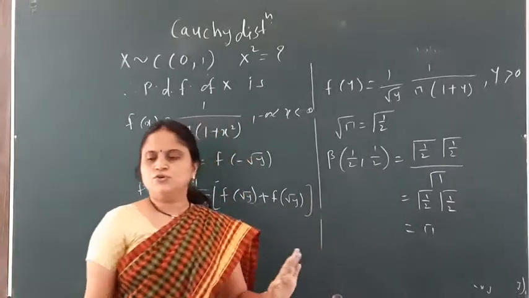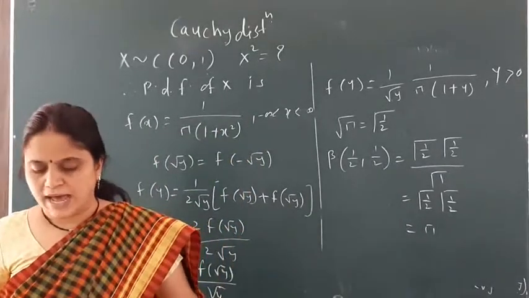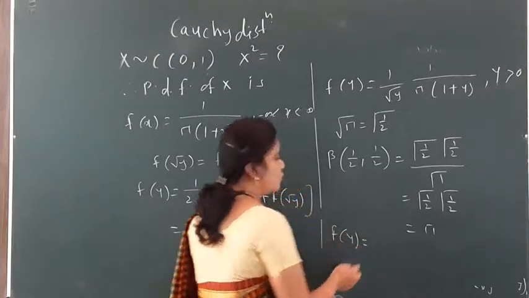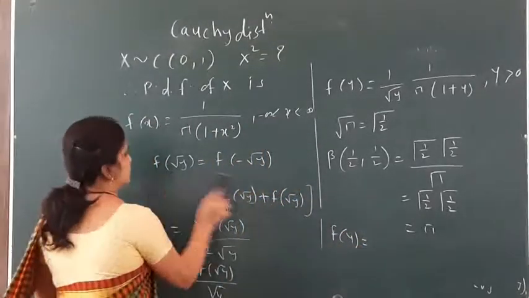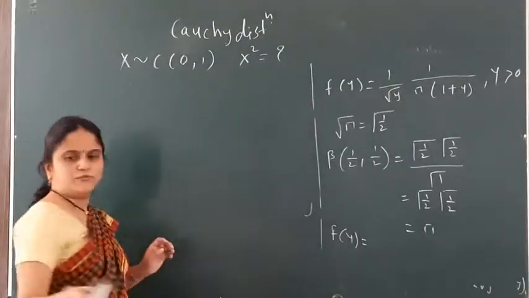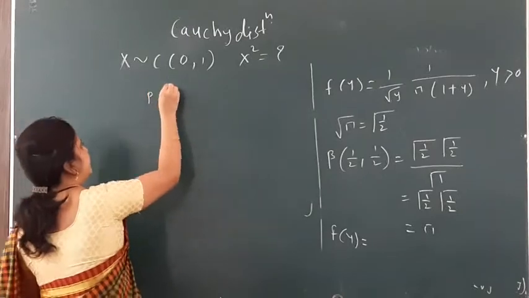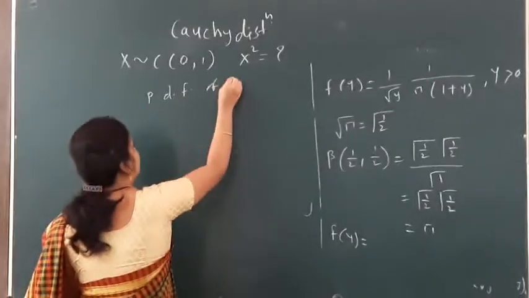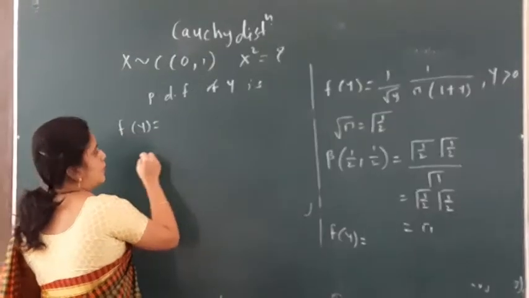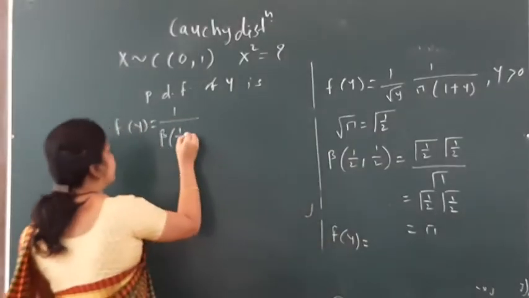Okay, fine. So now I can have my term, we may write this f of y over here. So that means my PDF of y, f of y, is equal to, I have some adjustments over here. See, 1 upon pi can be written as 1 upon beta half comma half.